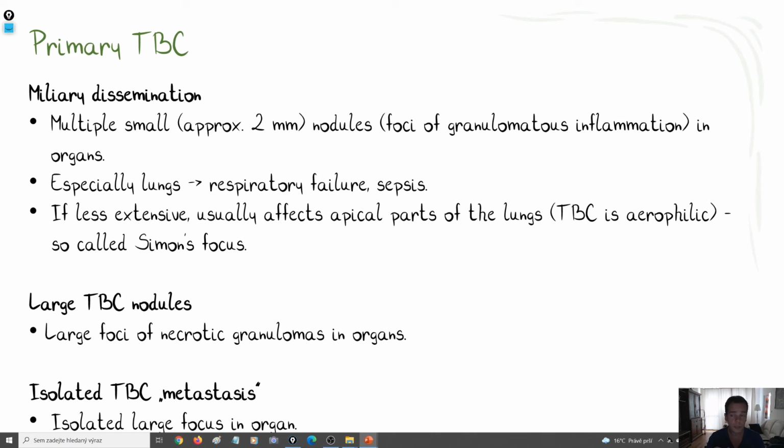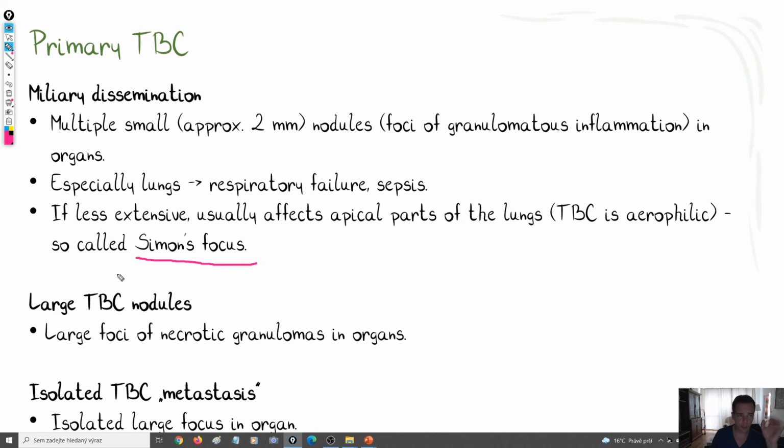If the disease is less extensive, usually the apical parts of the lungs are affected. It's because the TBC is aerophilic. It likes parts of the lungs that are ventilated. So that's why the apical parts are usually the most affected. But as I said, in a lot of cases, the lung is affected as a whole. This apical miliary TBC is called Simon's focus.